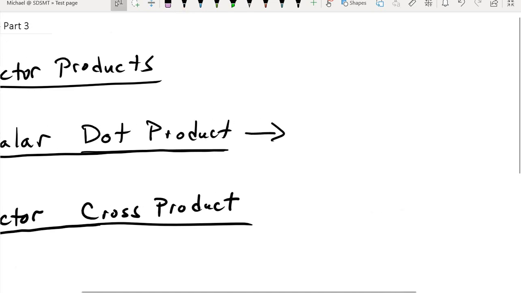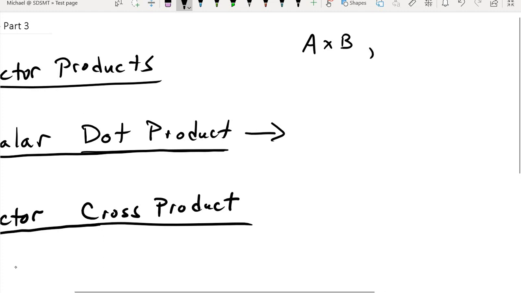We'll first define how we're going to represent these two types of products, because right now, when it comes to showing the product of two values, say I want to take the product of A times B, back in grade school or middle school we were probably first introduced to the X method for describing multiplication.